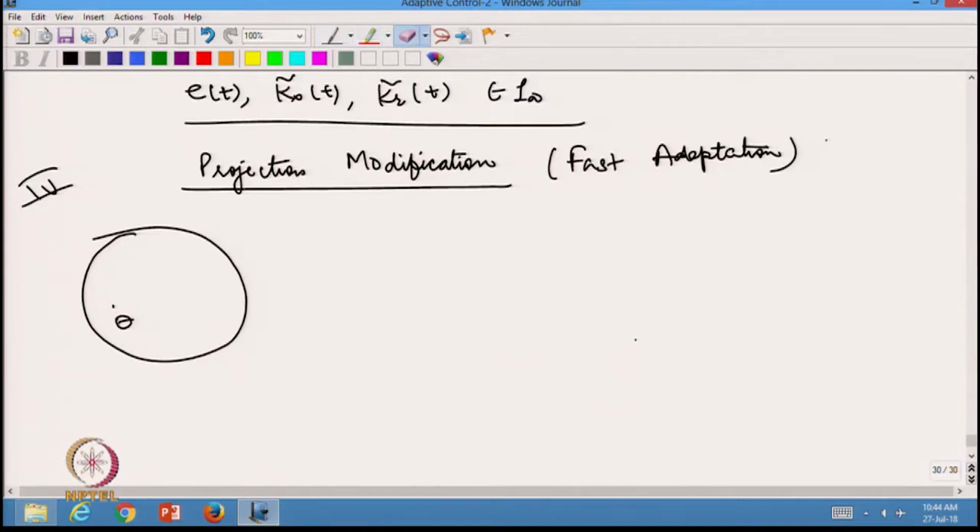Let us for a moment use kx here, because we are used to kx and kr. Let us assume that we know a region. We do not know the exact value of kx, but we know that it lies in this convex bounded region, right. And if we know that, then we would like to start our updation process somewhere within this set. So, we would like to start kx hat of 0.